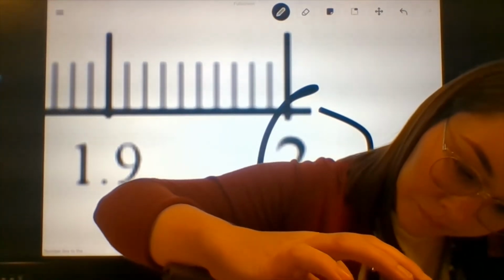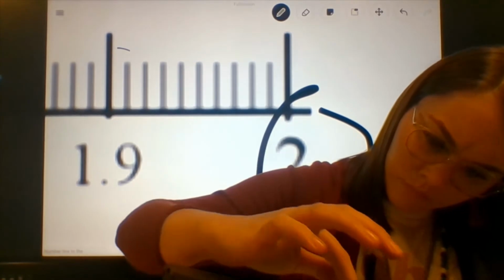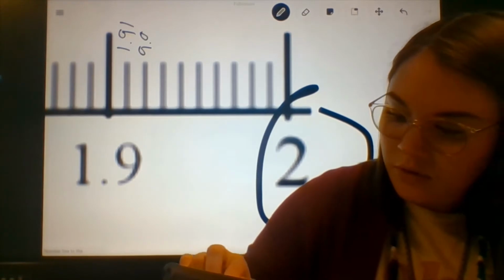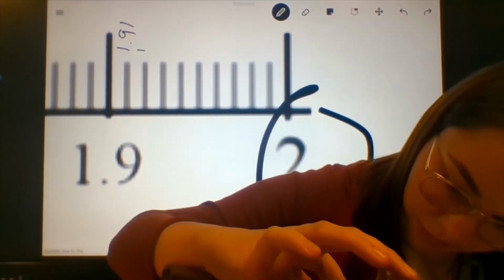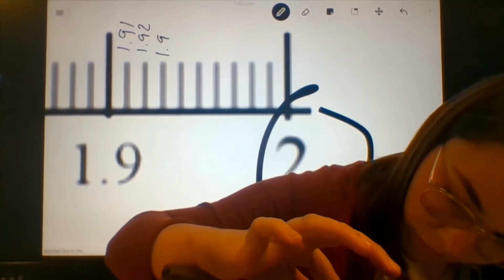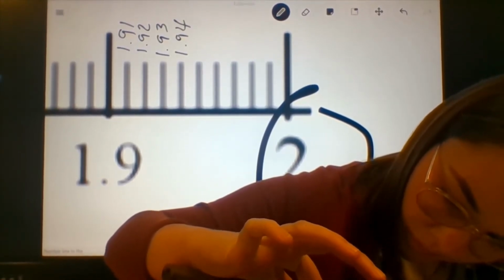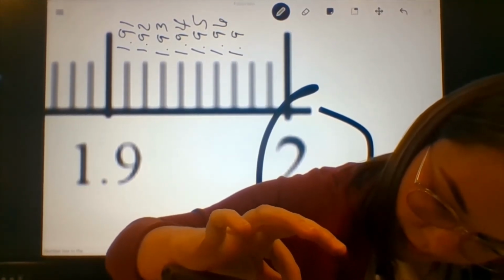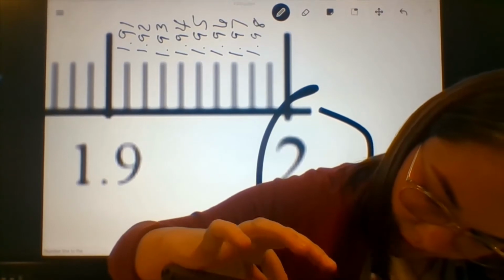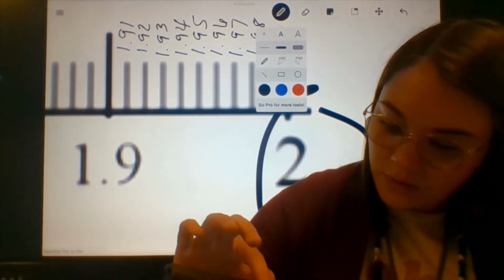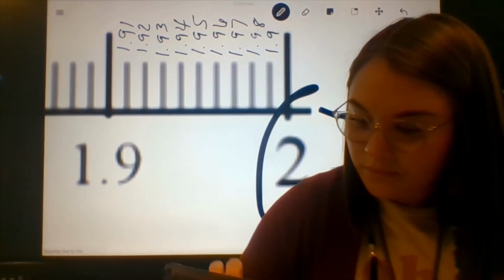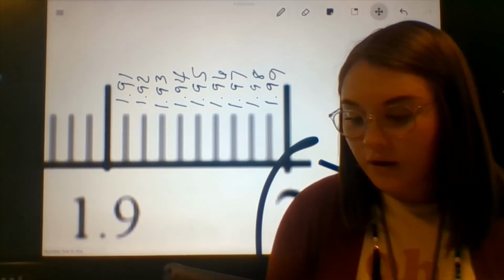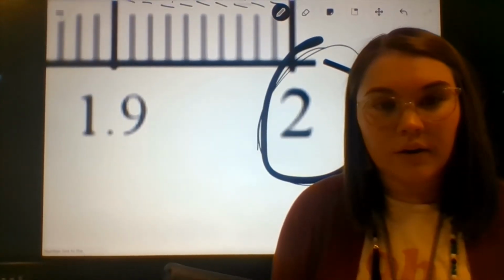So we have 1 and 90/100ths, 1 and 91/100ths, 1 and 92/100ths, 1 and 93/100ths, 1 and 94/100ths, 1 and 95/100ths, 1 and 96/100ths, 1 and 97/100ths, 1 and 98/100ths, 1 and 99/100ths. And then we have our whole number.